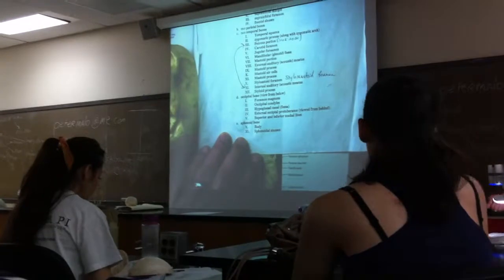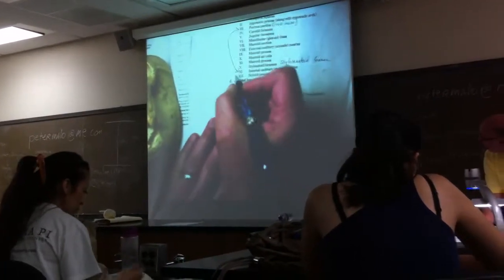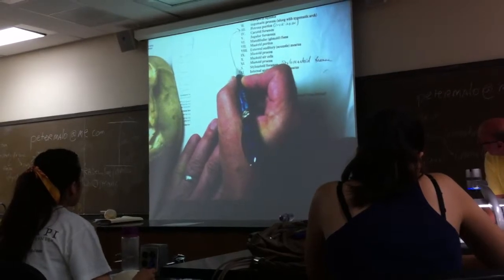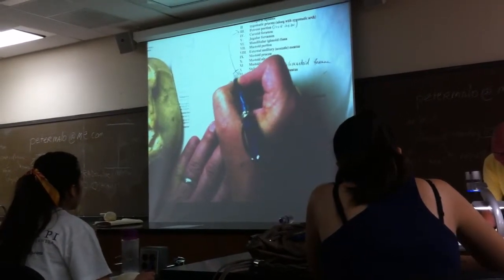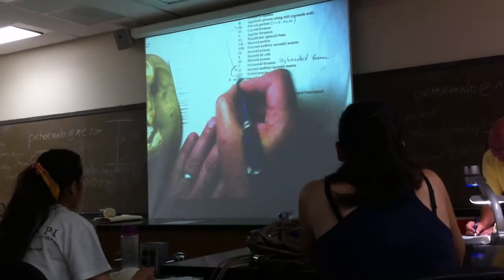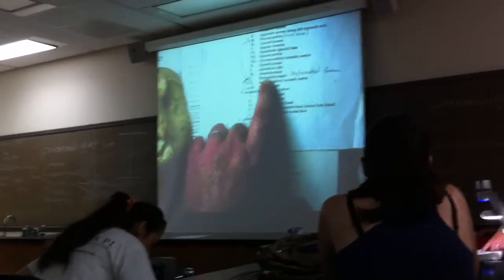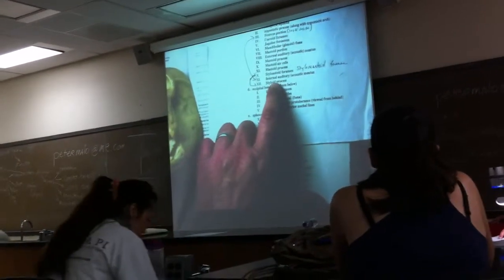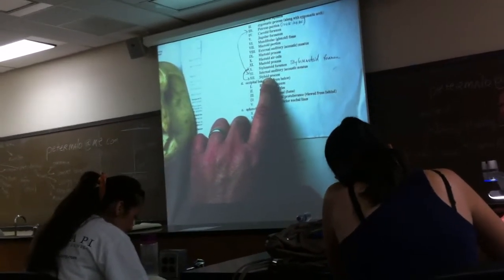What I want you to do again is I want you to take your pen or pencil or whatever you got and draw an arrow and connect the stylomastoid foramen with the styloid process.